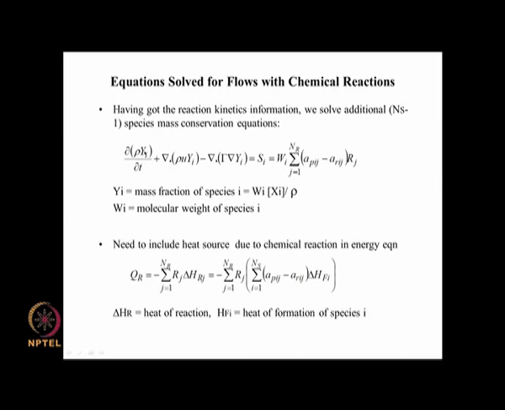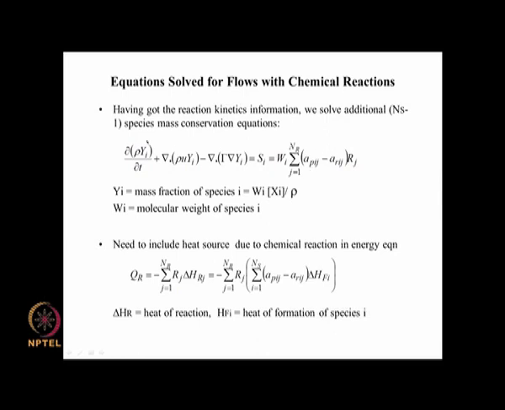Here we have expressed the species balance equation in terms of the mass fraction of species i, the advection term, the diffusion term, and the source term, which is in terms of the molecular weights and the reaction rates of the jth reaction, and the stoichiometric coefficients of the individual species as a reactant and as a product.